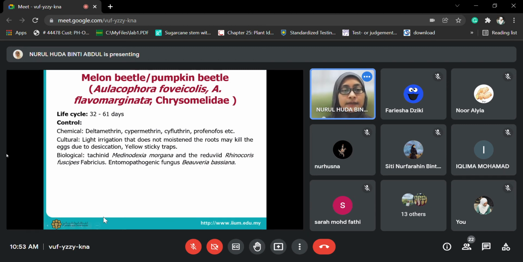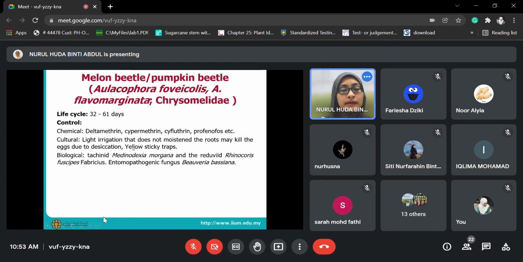Okay, and for the cultural, you can do light irrigation that does not moisten the root. Maksudnya light irrigation, you have to reduce the water sources.